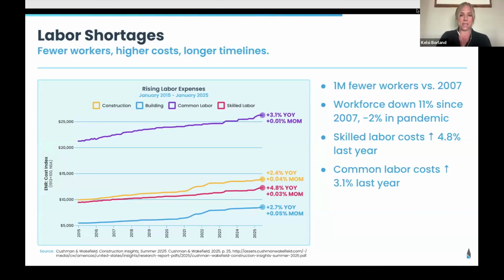And these are really significant challenges for developers. You can see this graph here that shows the costs across labor expenses, and these have been challenging for developers to absorb.